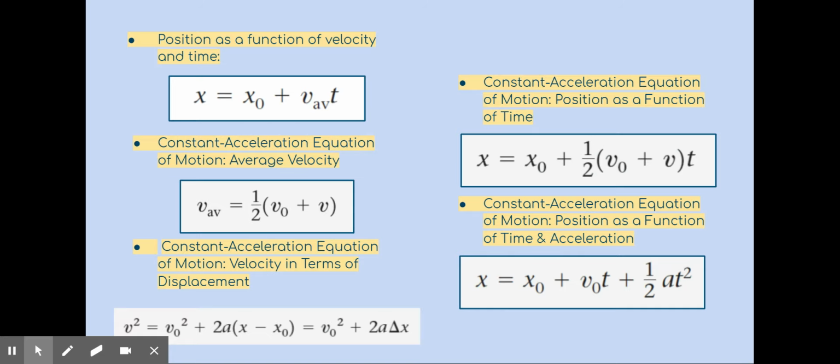Then we see one for velocity in terms of displacement, one for position as a function of time, and position as a function of both time and acceleration. So you don't have to commit these to memory, though you might start to remember them the more we work with them. They will be provided to you on tests and quizzes. So please do not spend a lot of time trying to memorize these.